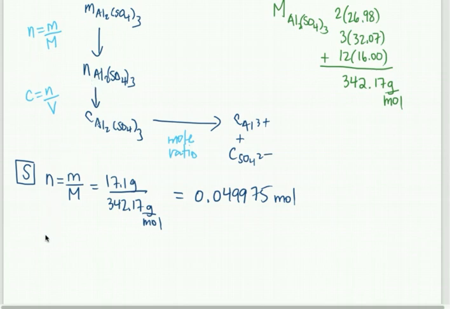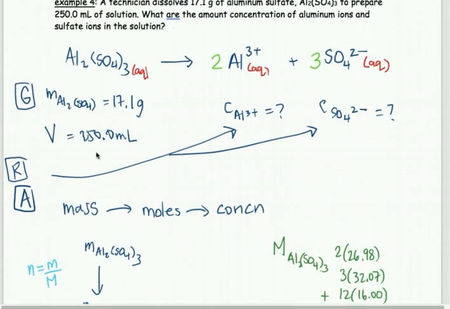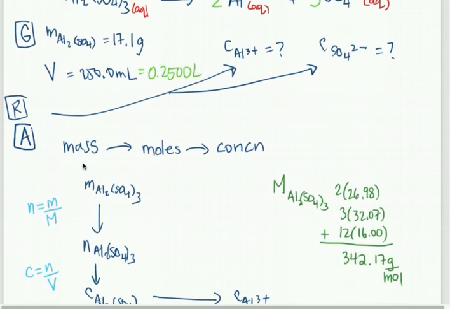Now we need to go to concentration. So the concentration formula is the amount divided by the volume. And the volume was 250 milliliters. Okay, so let's change that to liters. I'm carrying all the digits. There's 4 digits here.